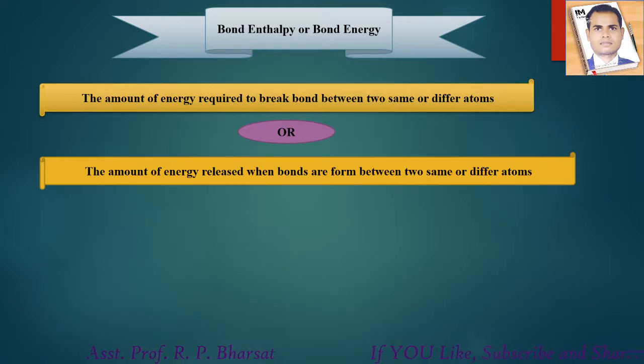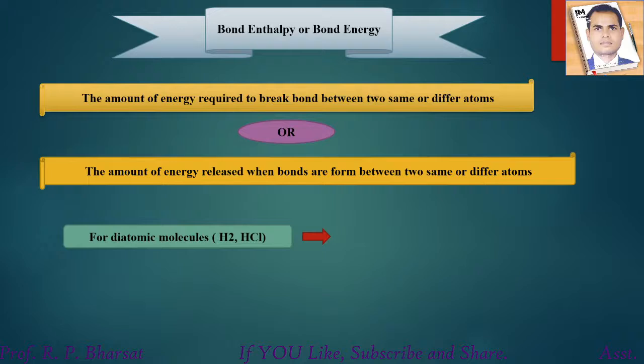In this case you can simply say, if you want to make polyatomic or monoatomic compounds, for that formation you will require some amount of energy. Or if you want to break those compounds, you need some amount of energy to break those bonds.